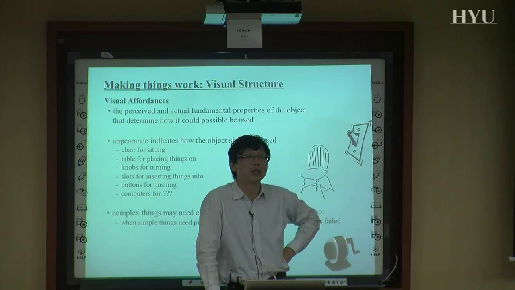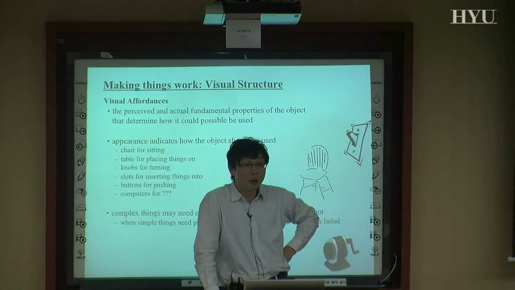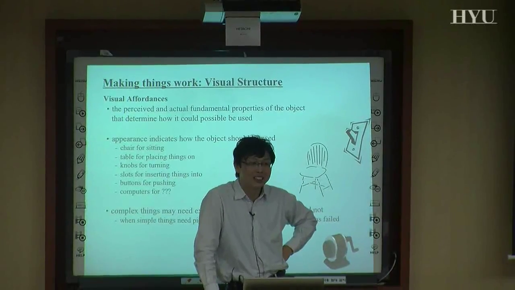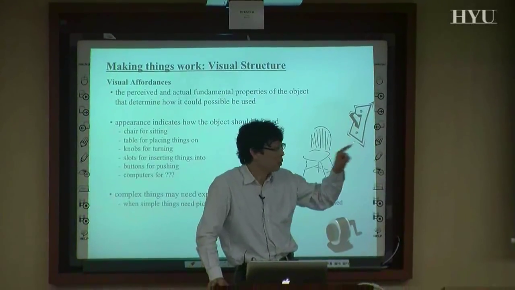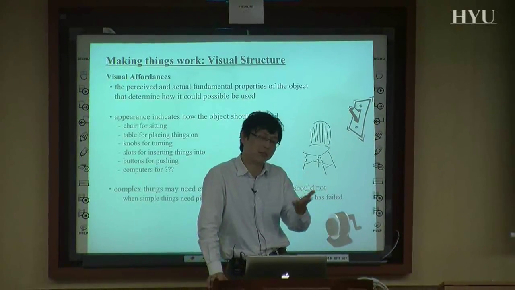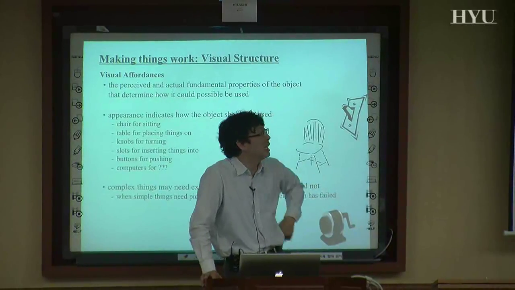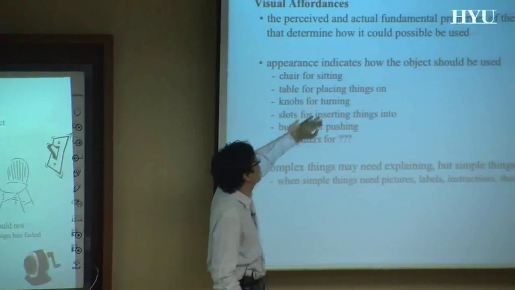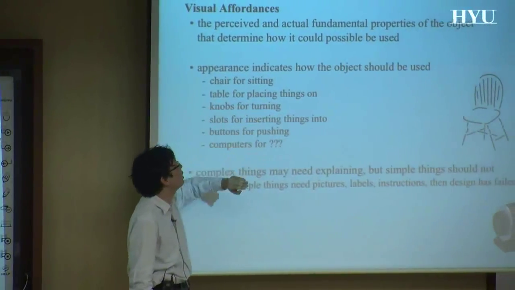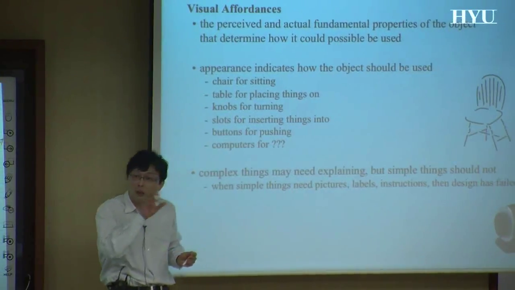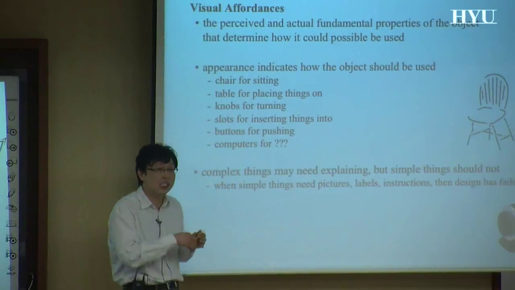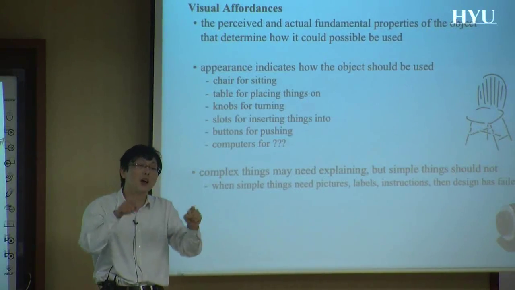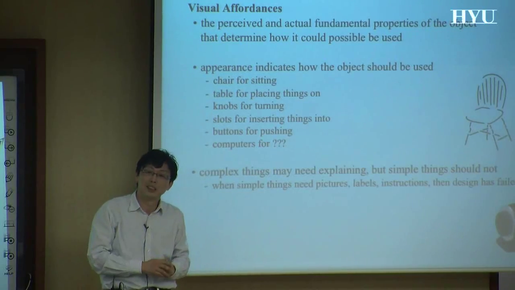That's why we use the button, scroll bar, mouse click, double click. That's what Donald Norman did. In principle, he proposed his idea with affordance: chair for sitting, table for placing on, knobs for turning, slot for inserting. When people see the slot, they want to insert something, okay?